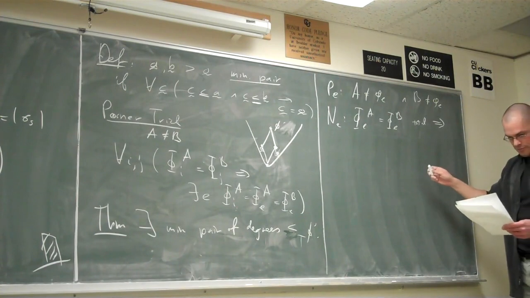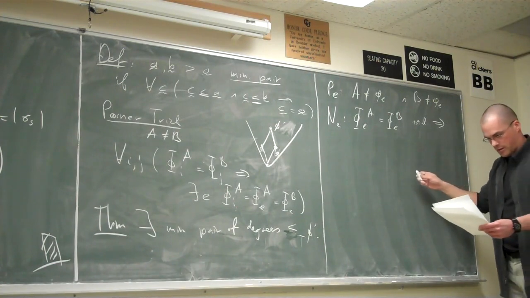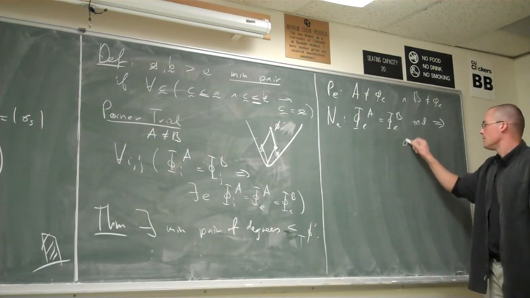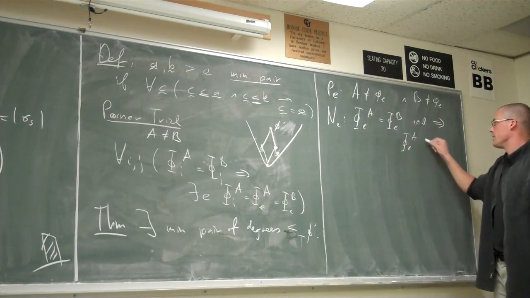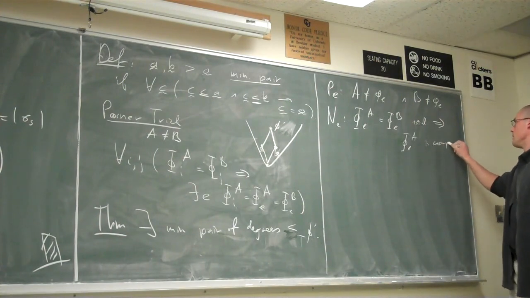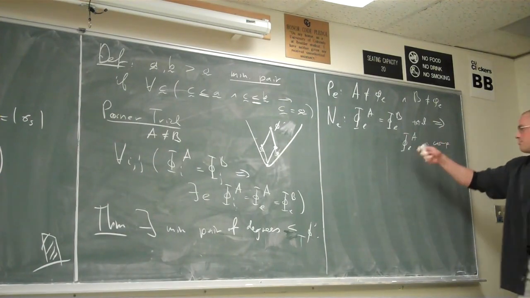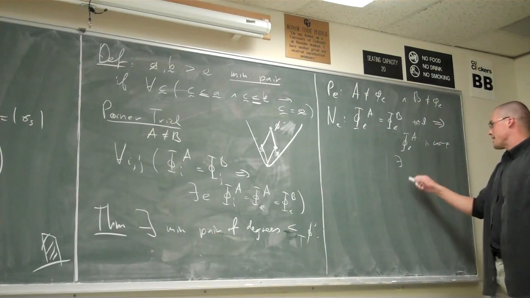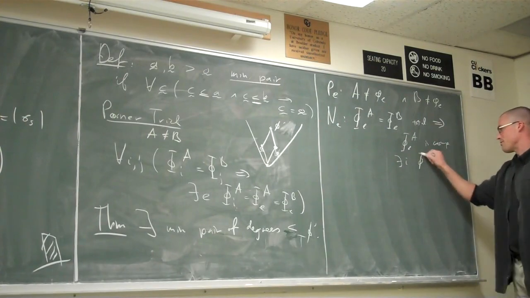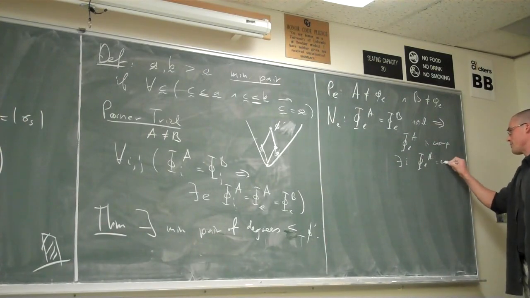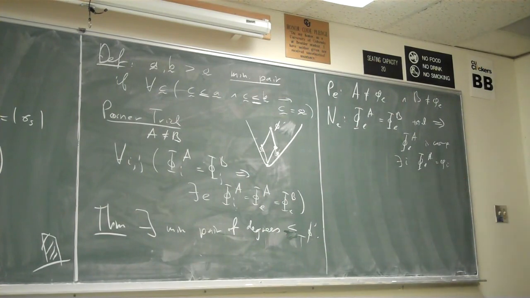How do we say this? Then phi e A is computable, right? You didn't need an oracle in the first place. Then there exists an i such that phi e A is equal to phi i. More explicitly.